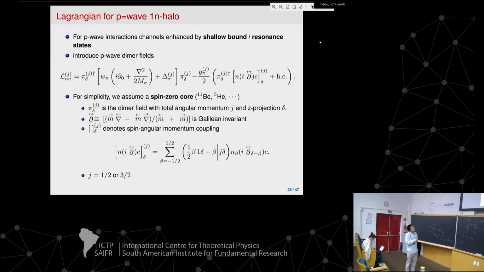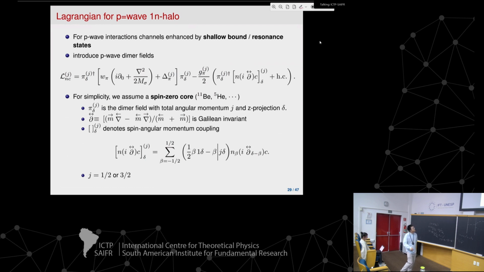And it has an interaction part. This interaction will have a derivative in the middle, because now, different from S-wave interactions, you have P-wave interactions, so you will have additional momentum coming in. For this field, it's written in this bracket for neutron-core interactions, and this pi is the dimer field, and this derivative is actually defined in the center-of-mass frame, so it's in a Galilean invariant form, which basically gives you the relative momentum between these two particles.